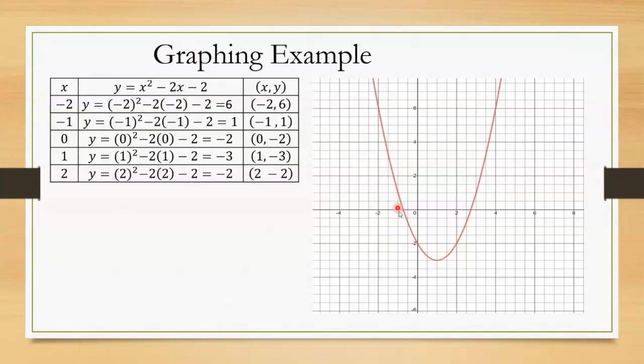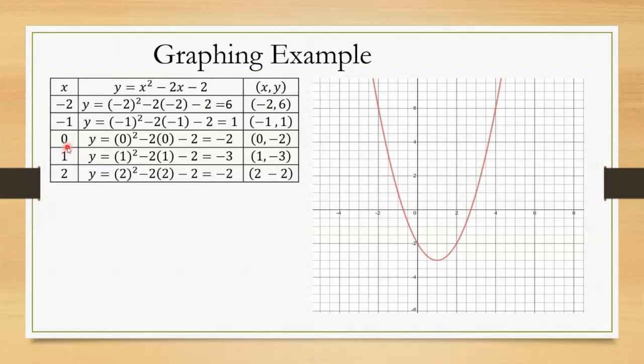Notice again, this is what the graph looks like. This is a parabola. Again, we have y equals a polynomial of degree 2, so we have a parabola. Notice that we have the y-intercept.